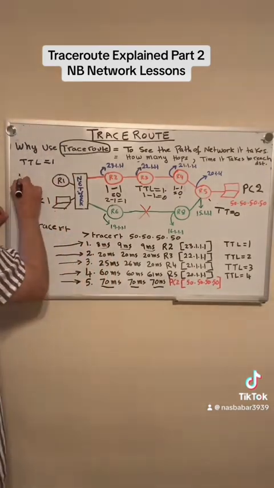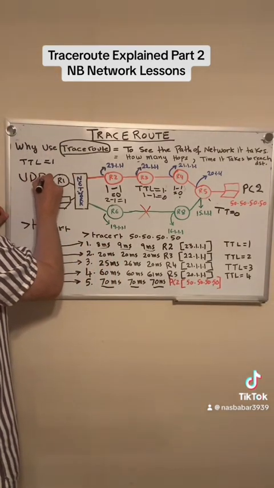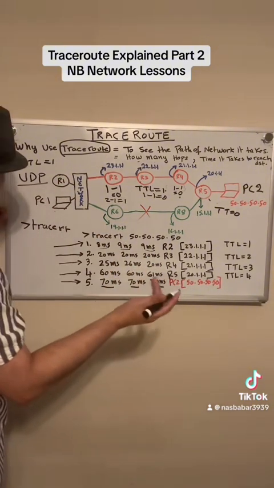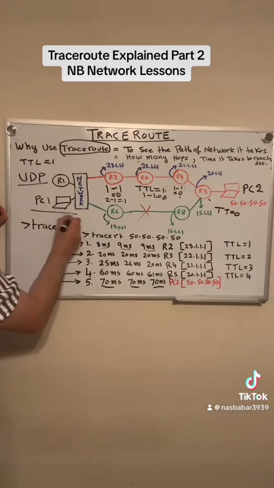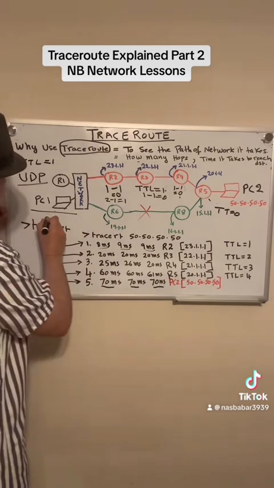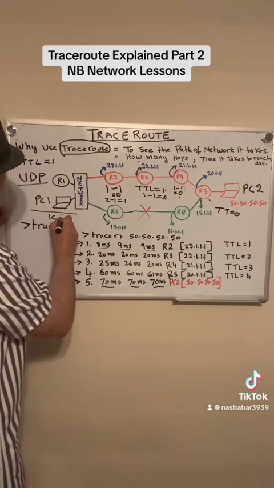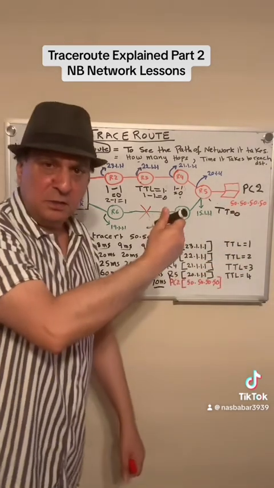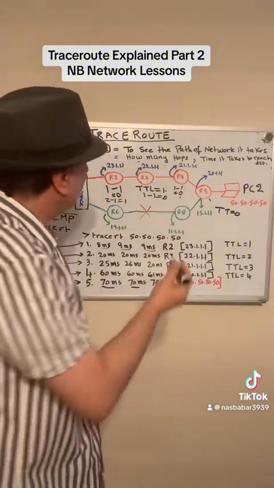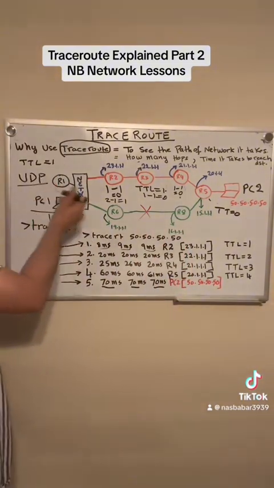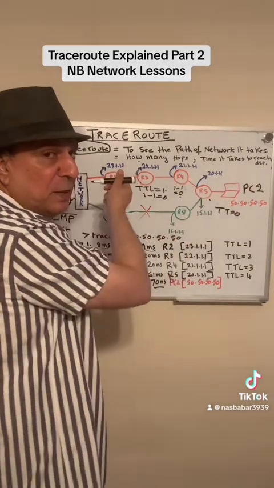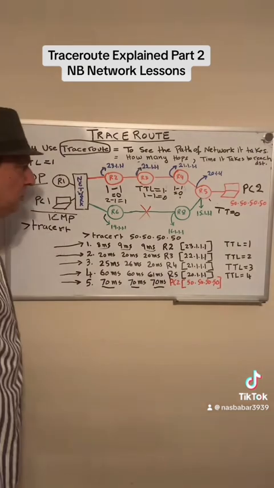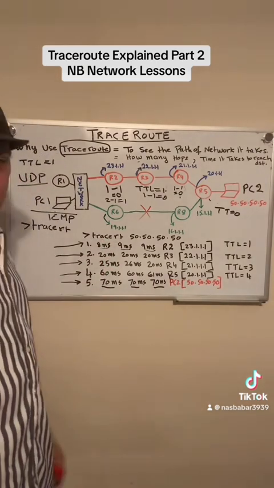When you send the initial packet from R1, any Cisco router which has IOS, it uses UDP. When you use a PC or laptop, initial packets are sent in the form of ICMP, which is the ping protocol, as you all know. However, the return uses the same mechanism. In the case of a router also, you get the ICMP time exceeded message using ICMP, and the same thing on the PC. So hopefully this makes sense to you.